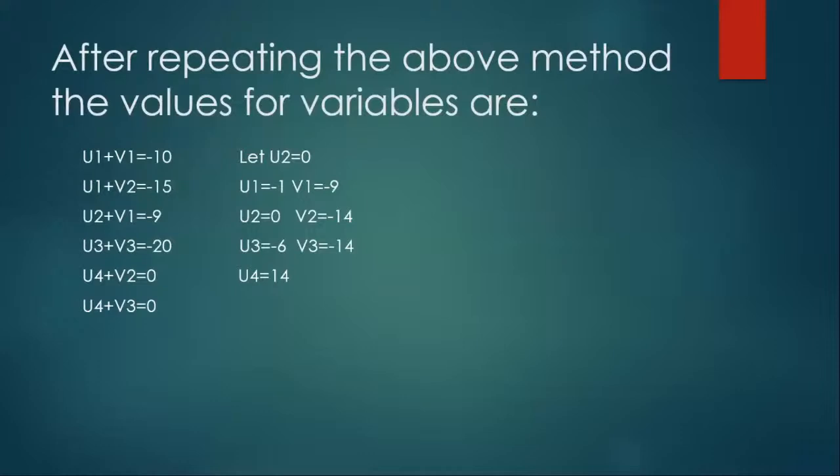To calculate the variables, we will repeat the method of equations to calculate the value of variables. Like here we are using u1 plus v1 equals to minus 10. We have to put the u2 variable equals to 0 to get the values of different variables.